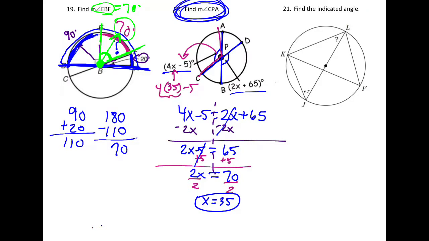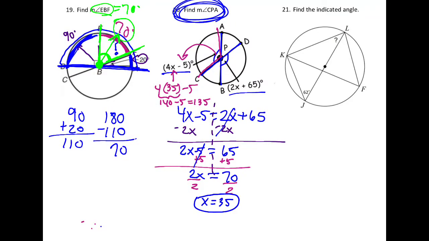So this is 140 minus 5 equals 135. So our final answer for the measure of angle CPA equals 135 degrees.